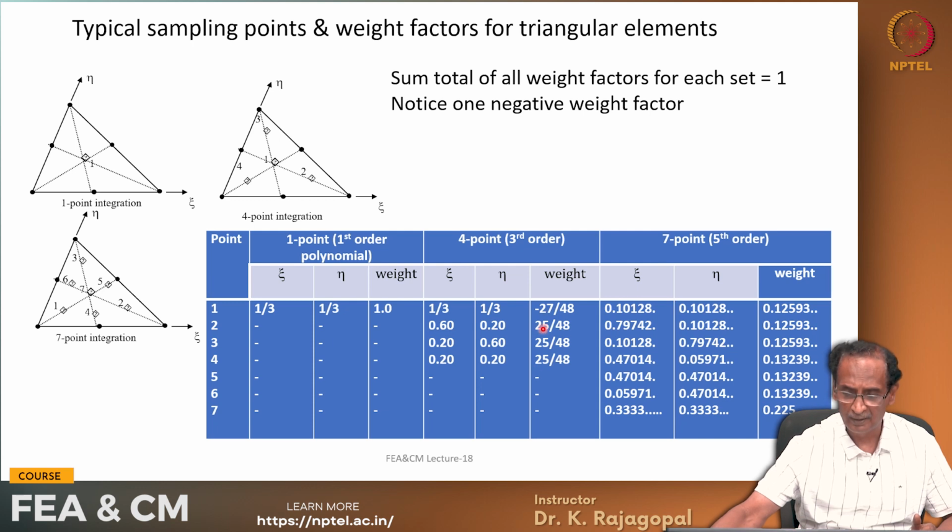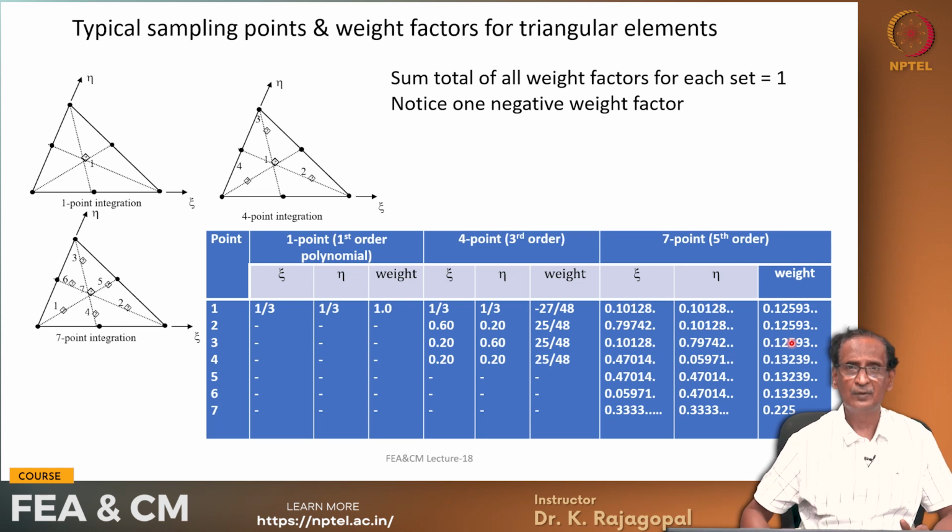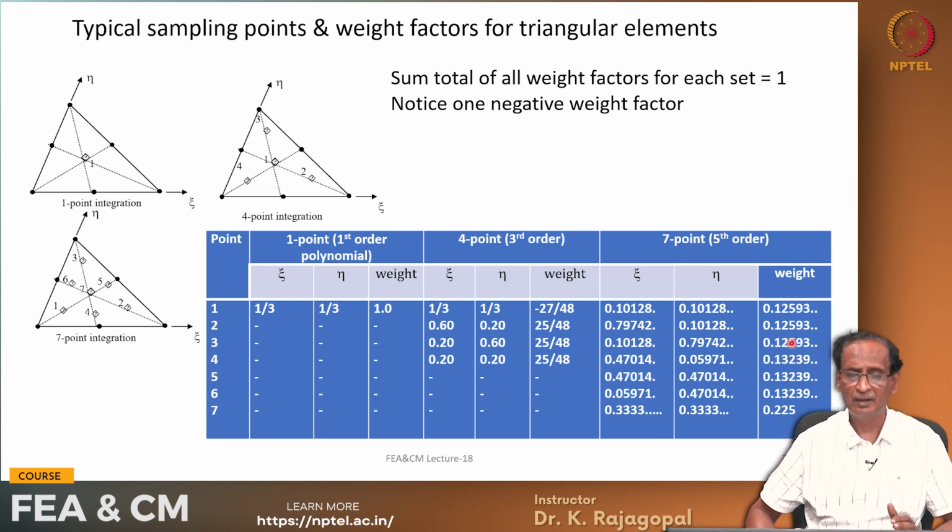For the 4-point integration it is negative -27 by 48, then 25 by 48 at all the other nodes. Then 7-point integration, it is good up to 5th order polynomial. These are the different locations and then the weight factors, and the sum total of all the weight factors for the triangles is equal to 1.